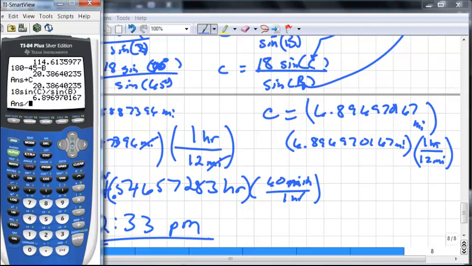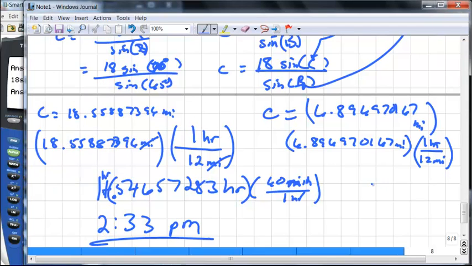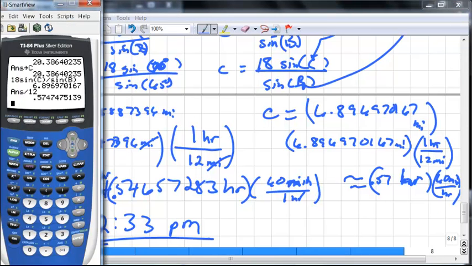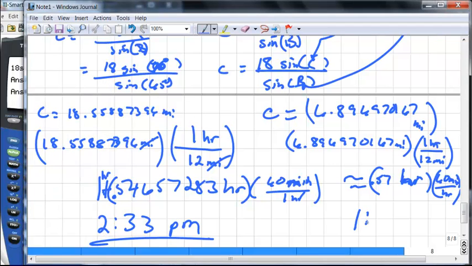That's 0.57 something hours, and we're going to multiply that by 60 minutes per hour, to convert it to minutes. So about 34 minutes, and we started at 1 o'clock, so this would be 1:34 p.m.